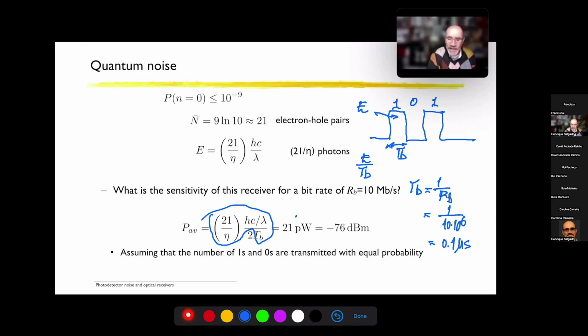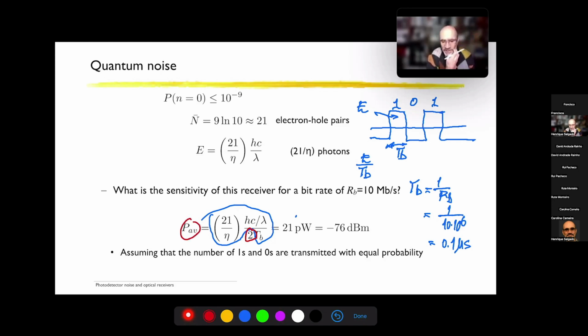But on average, if the probability of occurrence of zeros and ones is identical, 50% for each one, the average power is 50% of the maximum power, and so we have to divide by a factor of 2 to obtain the average power.